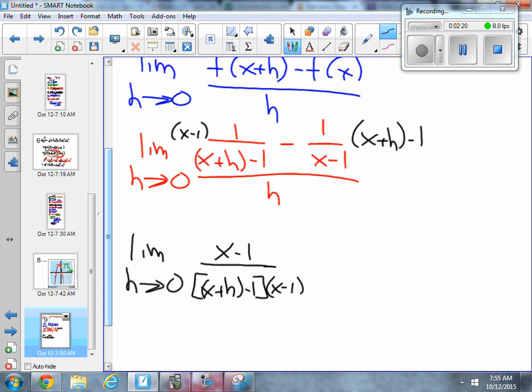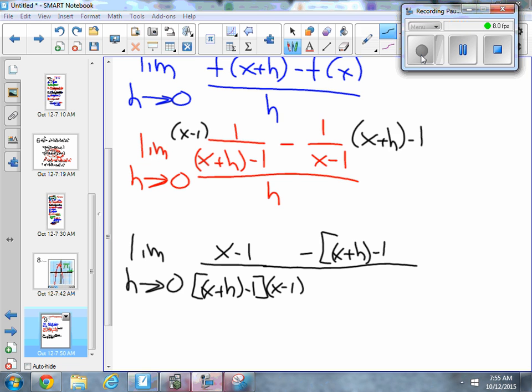So I'm getting a common denominator here. Minus x plus h minus 1 again over the same denominator here. So I multiplied really the top and the bottom by 1 to get a common denominator.